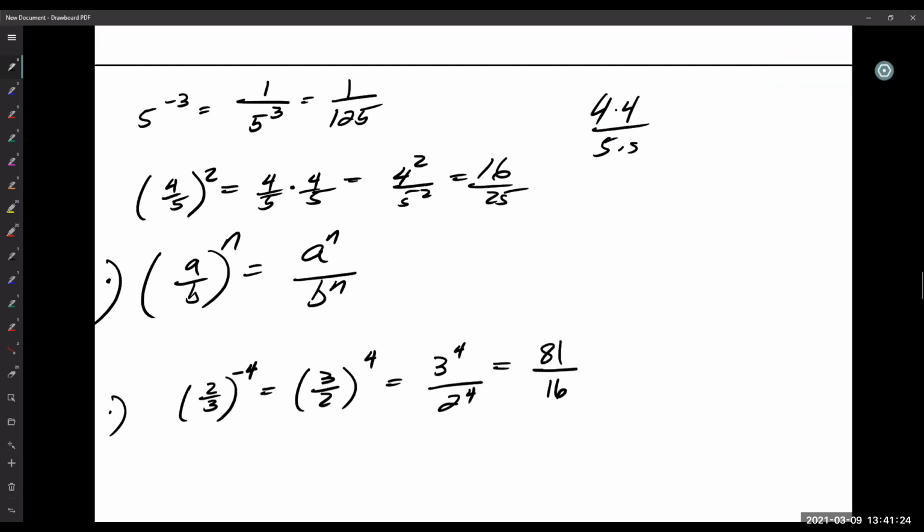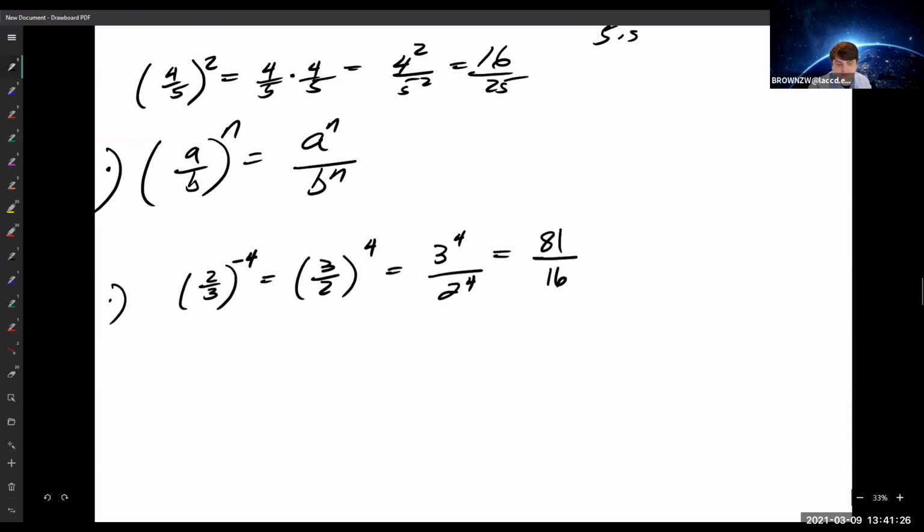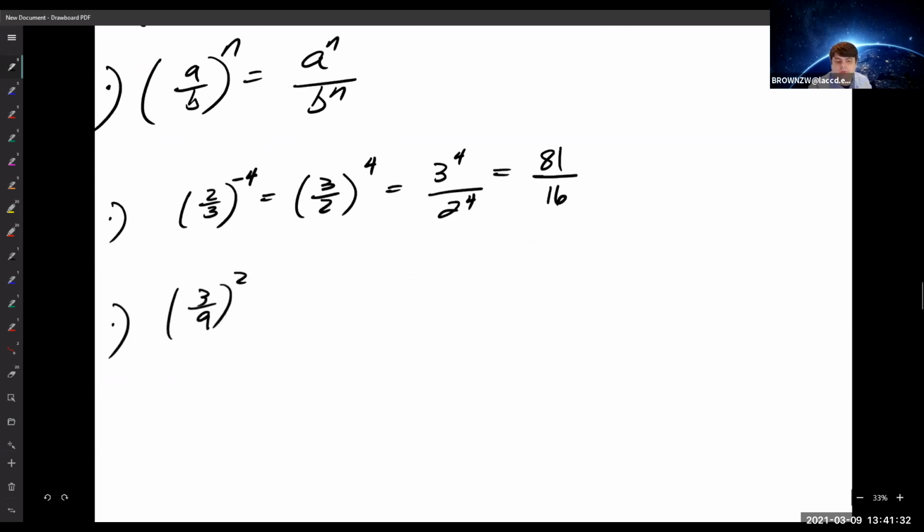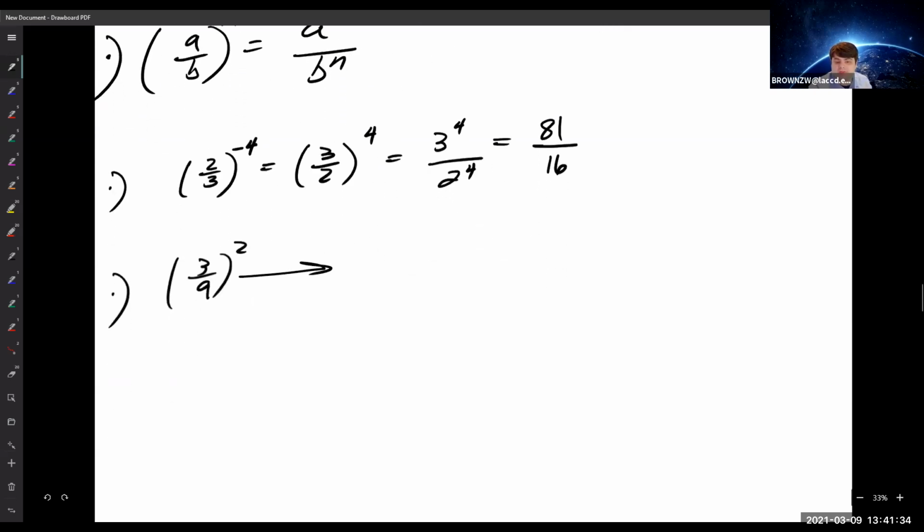Okay, got it. If there was, and once again, we can kind of talk about that, let's say we had something like 3 over 9 squared. There are kind of two ways you'd work this out. You could simplify it before you hit the power or simplify it after you hit the power.